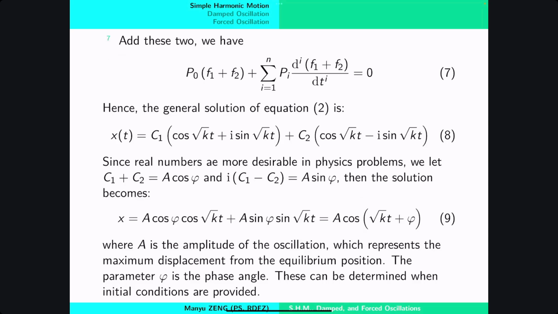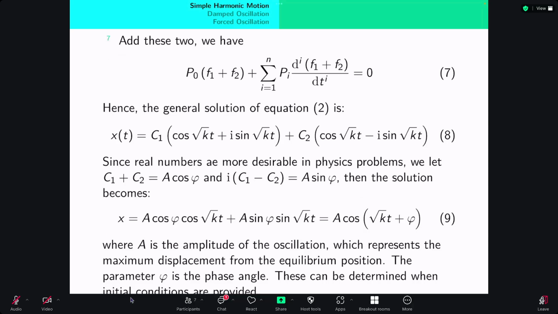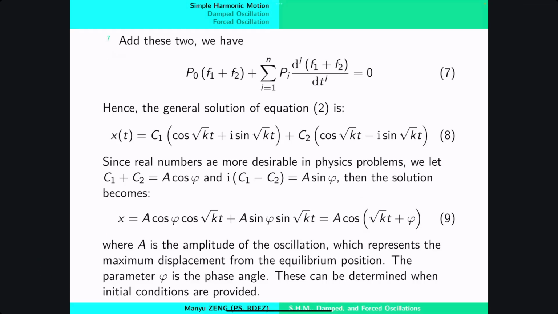So the initial condition can determine A and phi, right? In this case, if released from zero velocity, released from rest, phi will be 0, and A will be that displacement from the equilibrium position. So these can be determined when initial conditions are provided. This is also a concept from the last section.